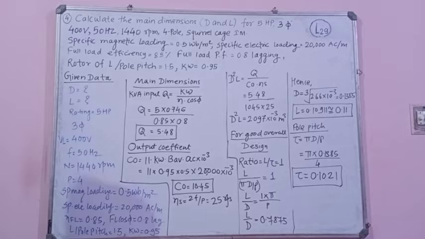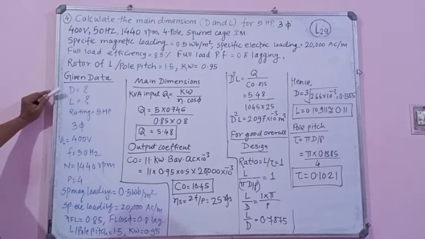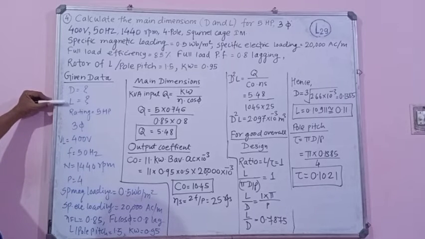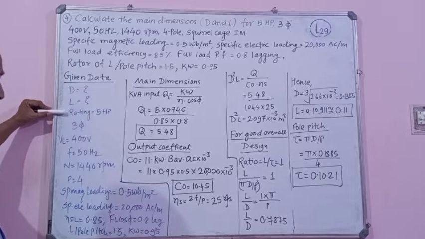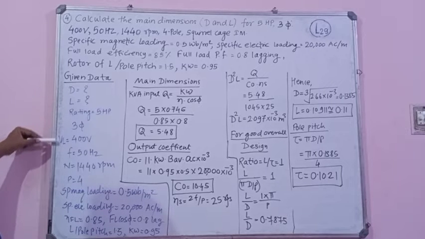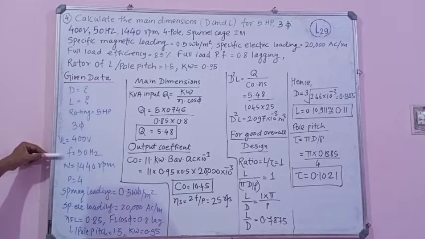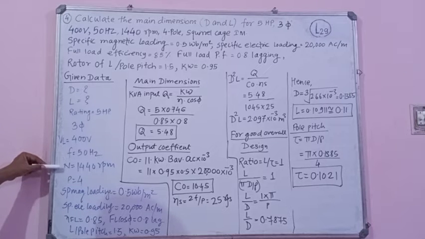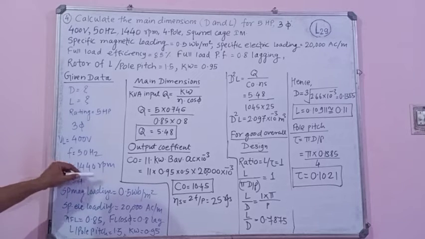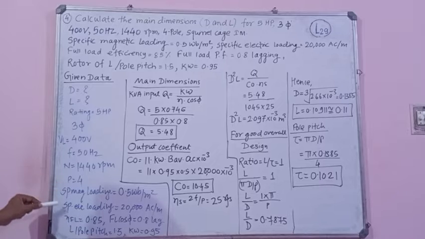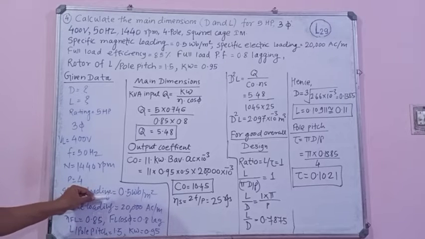So first of all, collect the given data. Our aim is to calculate the capital D, capital L. Rating of the motor is 5 horsepower, 3 phase, VL equals 400 volt, F equals 50 Hz, N equals 1440 RPM, P equals 4. Specific magnetic loading equals 0.5 Weber per meter square.